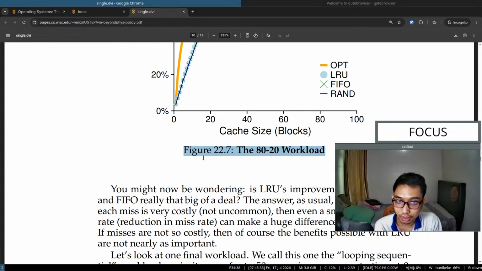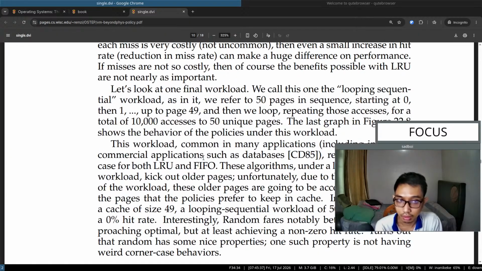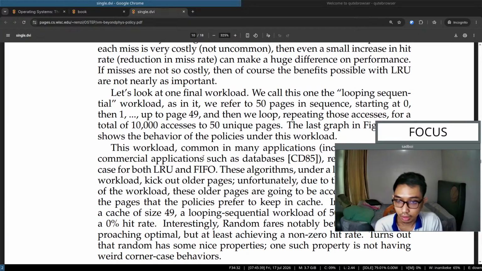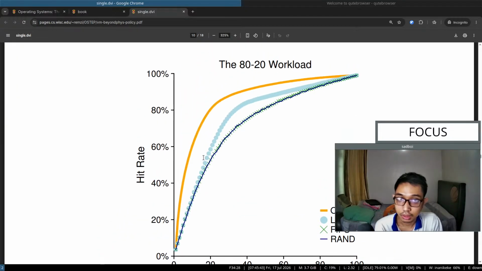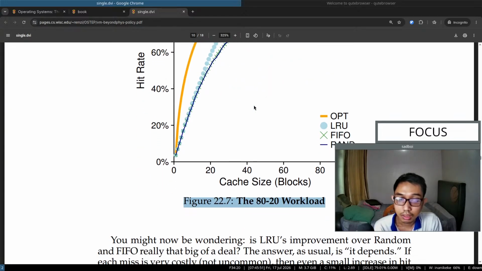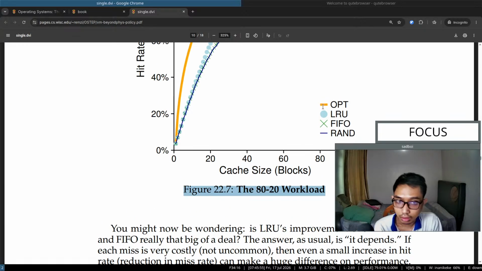So let me take a look at this first. Okay, the 80-20 workload. This is LRU.